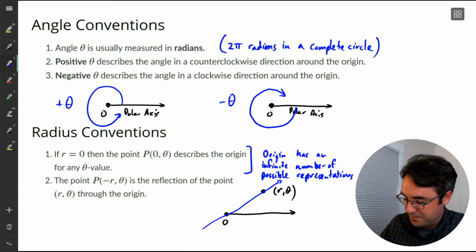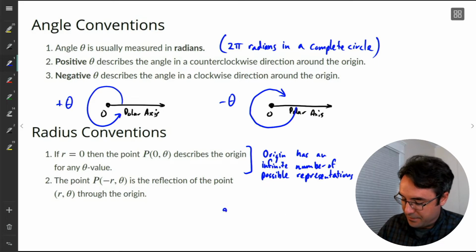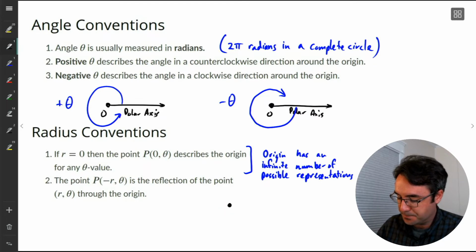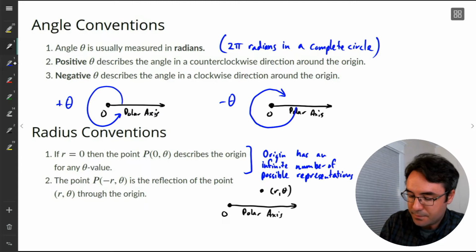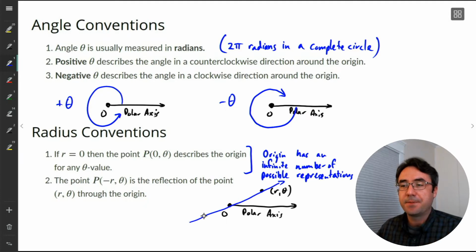Sorry about that. Let me clean this up. I'm running out of room. So if we have our polar axis and our origin, let me try to redraw this. Here's our polar axis, here's our origin, and we have some point r comma theta. Let's look at the line connecting those points.